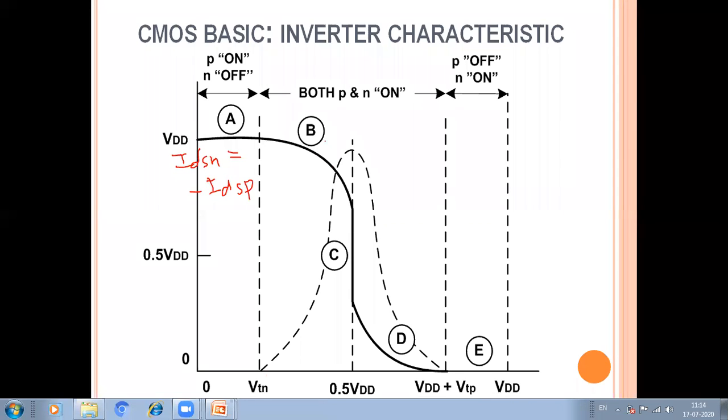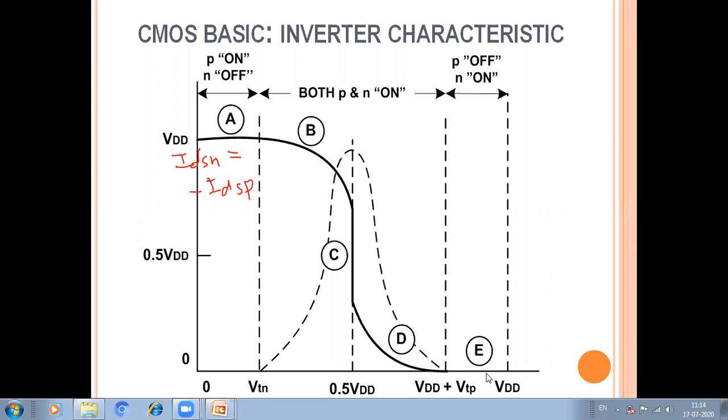The transistors' operating regions change, which also affects the output voltage. At that point, both the input voltage and the output voltage are half of VDD. In regions D and E, I increase the input voltage from 0.5 VDD to VDD plus VTP, and in the last region, E, the input voltage is high, that is 1.